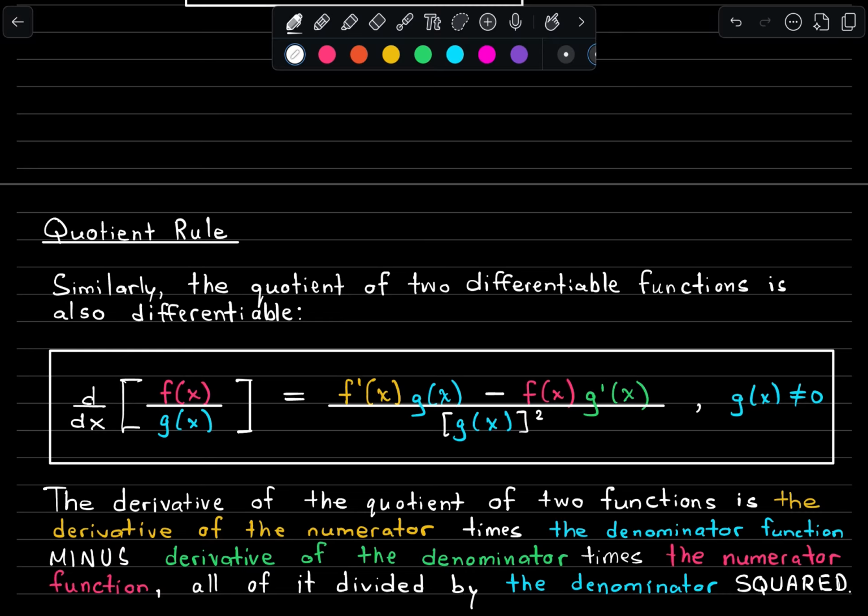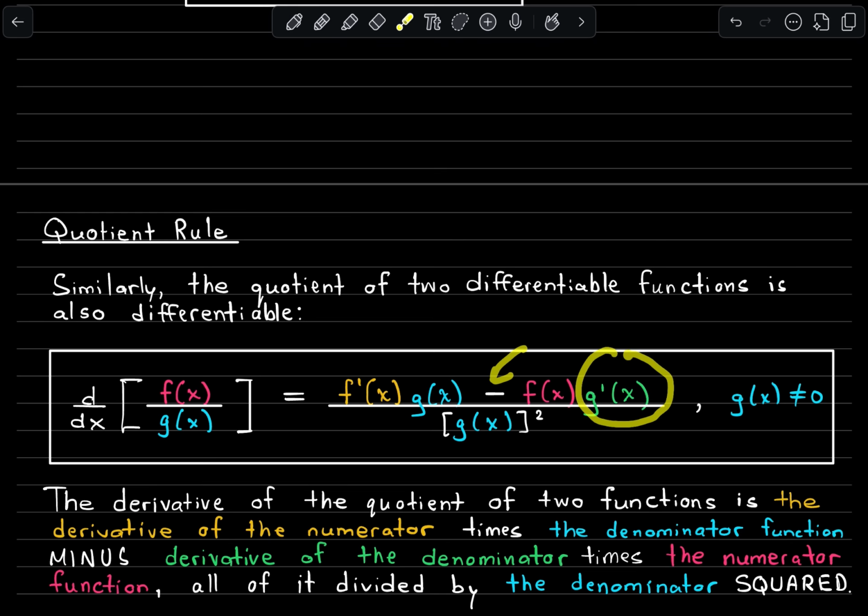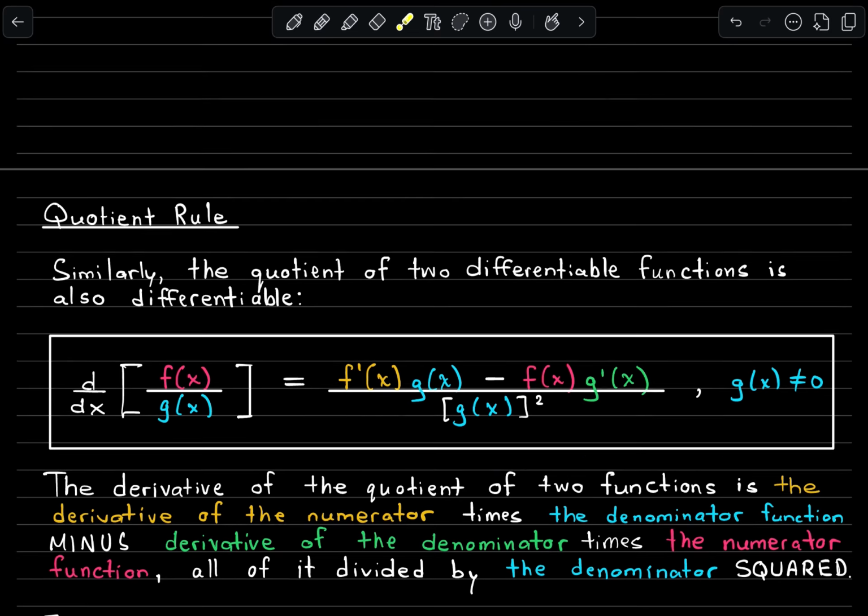So restated in English, the derivative of the quotient of two functions is simply the derivative of the numerator, f prime of x, times the denominator function, minus the derivative of the denominator times the numerator function, all of it divided by the denominator squared.